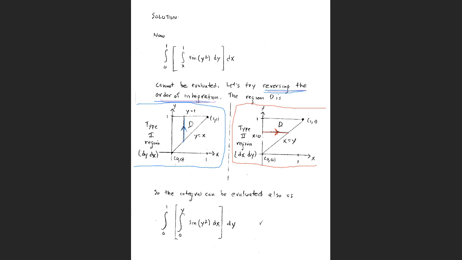Take a look at the two pictures there. Here's the type 1 region. Here's the type 2 region, and let me know if you have any questions. Please let me know.